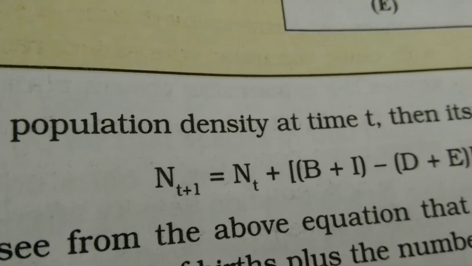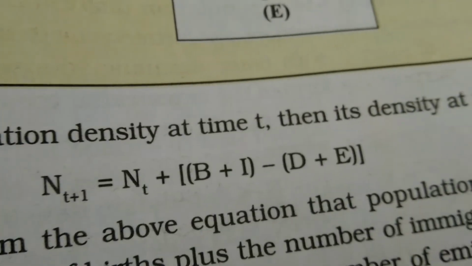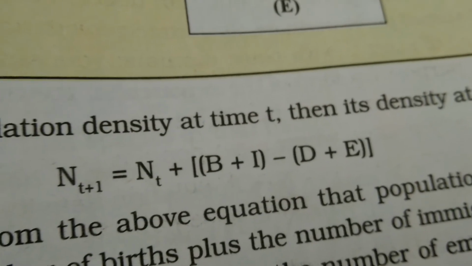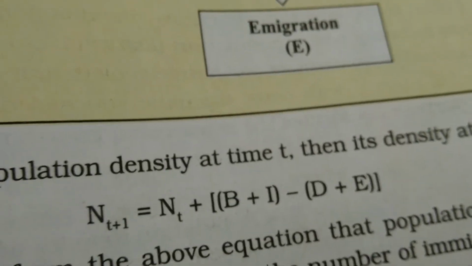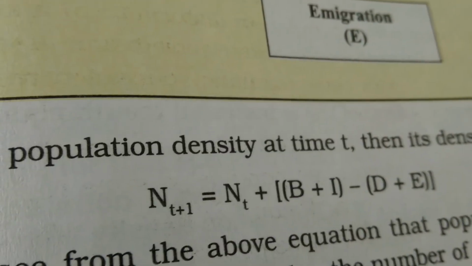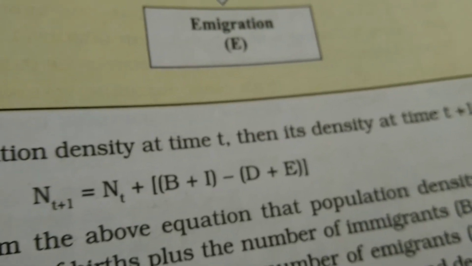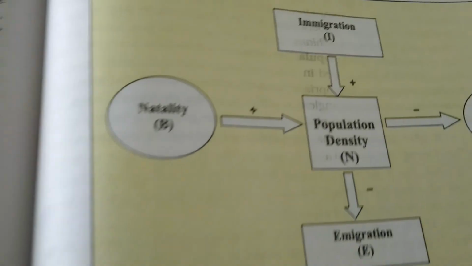Therefore, the equation is Nt+1 equals Nt plus B plus I minus D plus E, where B means birth rate, I means immigration, D death rate and E emigration. It is the population density equation.